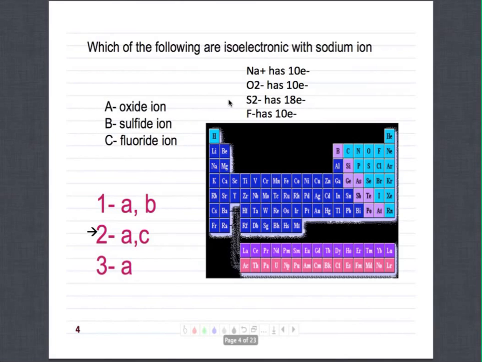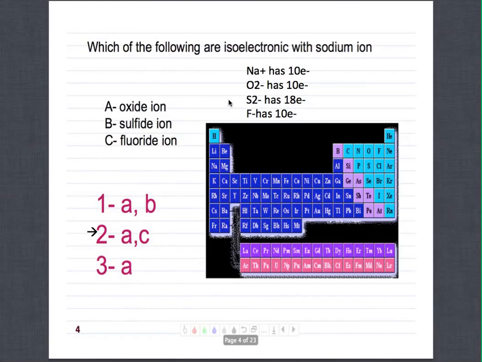Now the sulfide ion belongs to group 6A, so it's going to gain 2 electrons. We're talking about S2 minus, and that's 14 plus 2, which is 16 electrons. Fluoride ion belongs to group 7A, so it's going to be F minus.